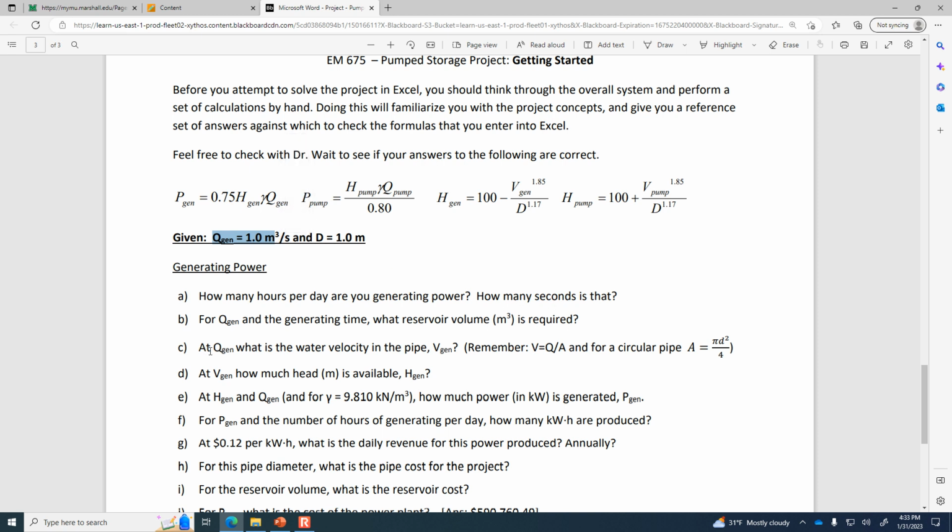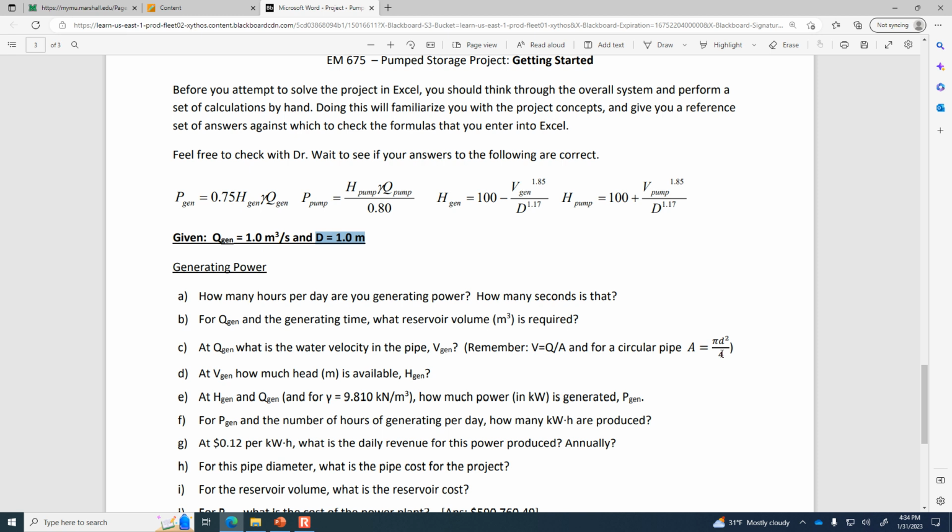All right, now part C. For a certain generating flow rate of 1 cubic meter per second, what's the water velocity? Now this is for a 1 meter diameter pipe, and I give you the formula for a circular pipe. The cross-sectional area is pi d squared divided by 4. So the area is pi times 1 meter squared divided by 4.